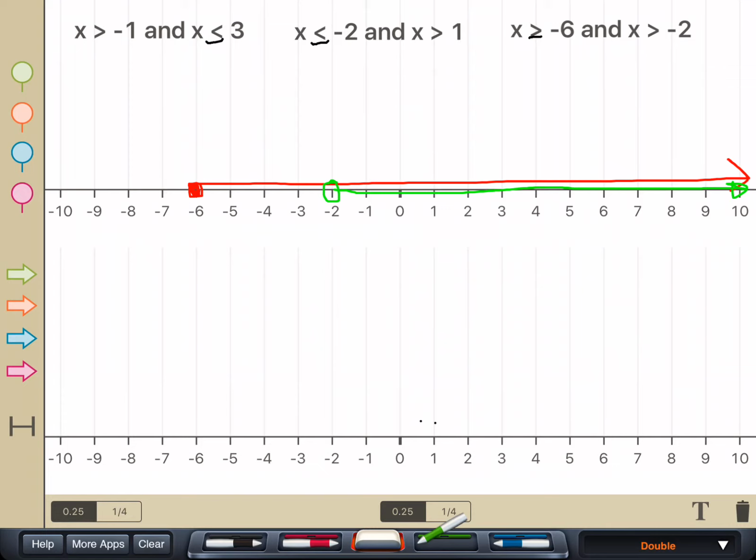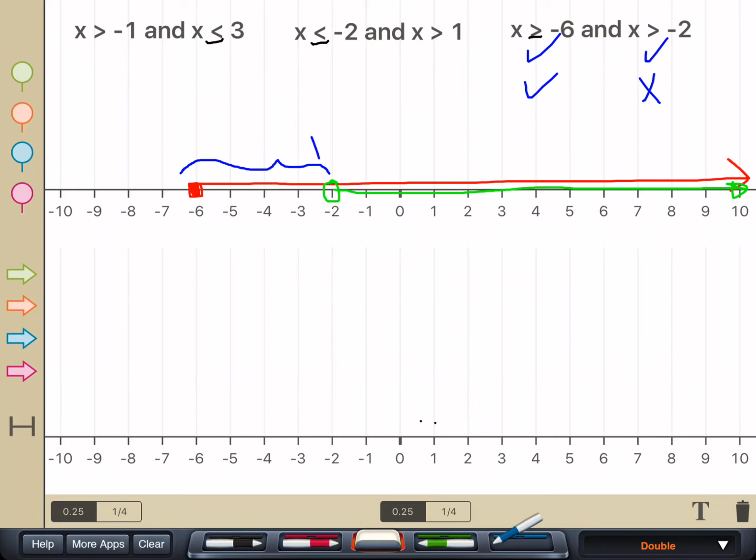We're down on the second number line, and we're only going to graph in blue those values that make this inequality true and this inequality true. Well, these values, from negative 6 all the way to negative 2, will work for x is greater than or equal to negative 6, but they will not work for x is greater than negative 2, because they aren't greater than negative 2.